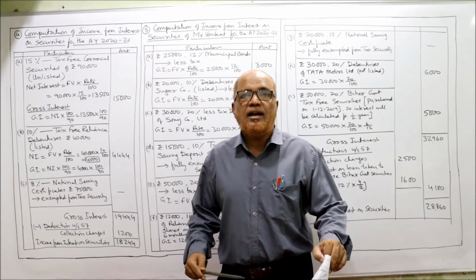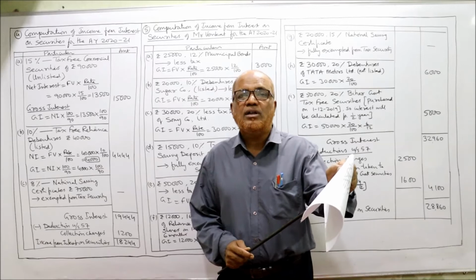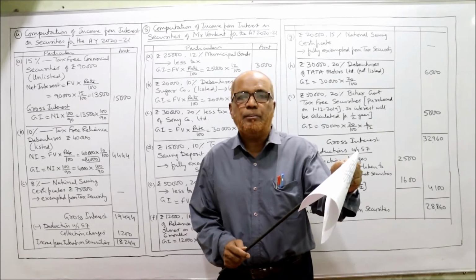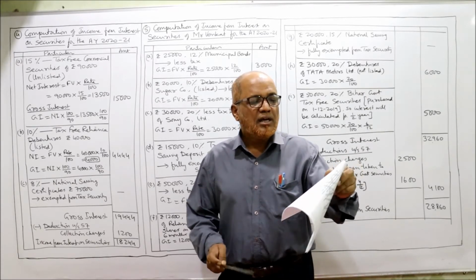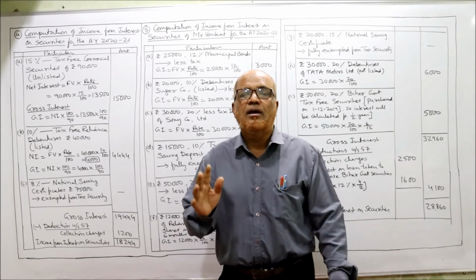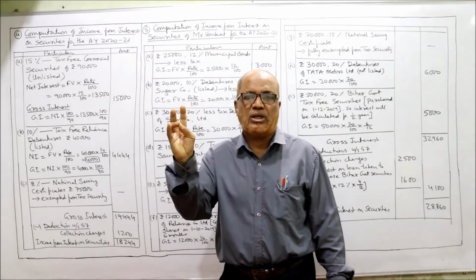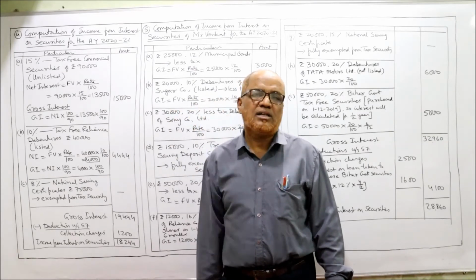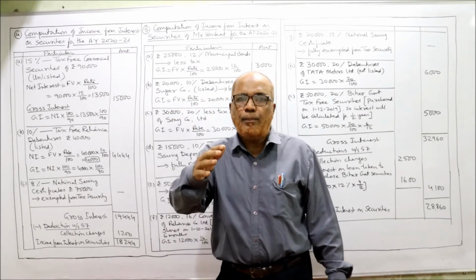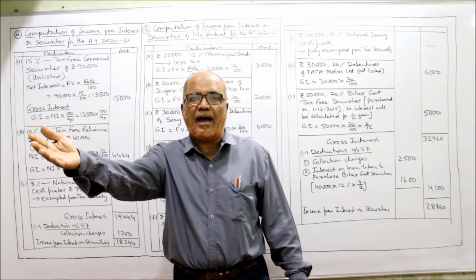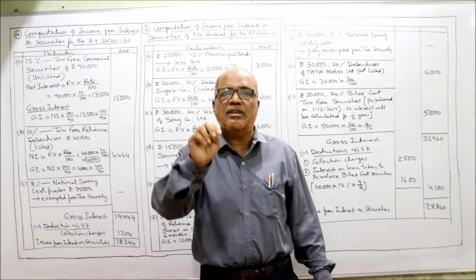So we calculate the interest on this loan, 40,000 loan into 12% rate into how many months? He has taken the loan on 1st December. So December, January, February, March. 4-month interest we calculate.